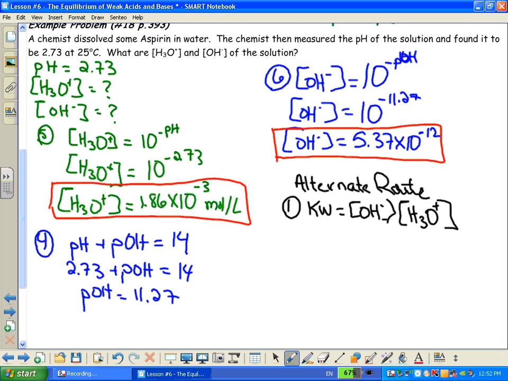Remember, we use this equation from above, so we can rearrange it for our hydroxide ions, and literally just substitute the values in.